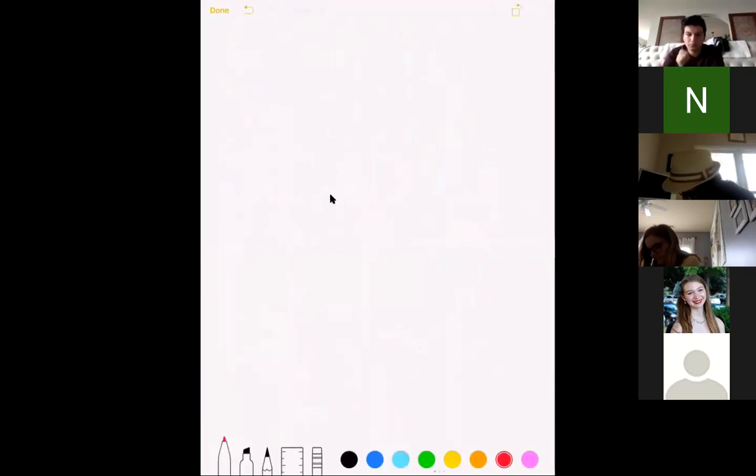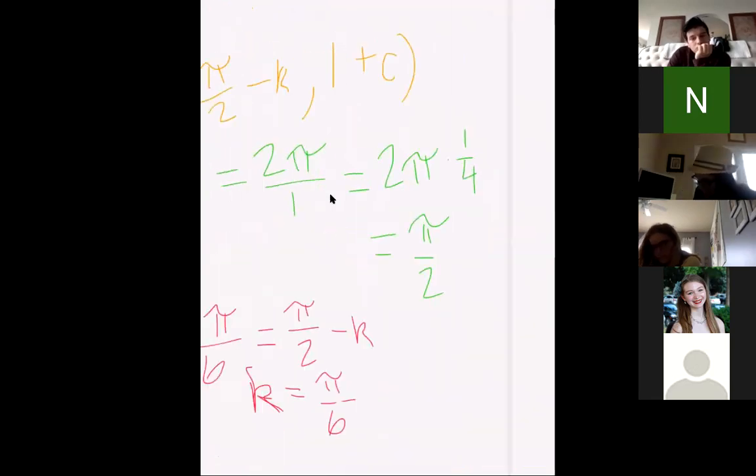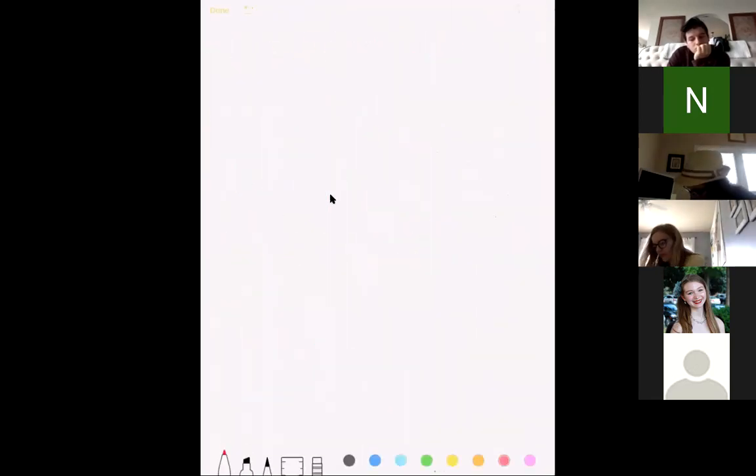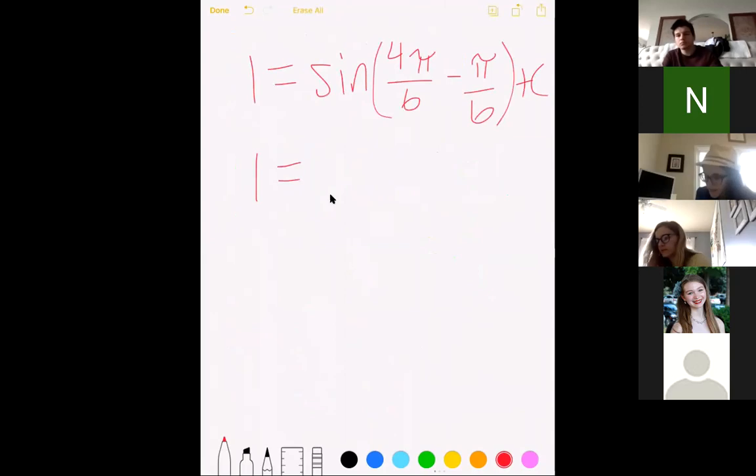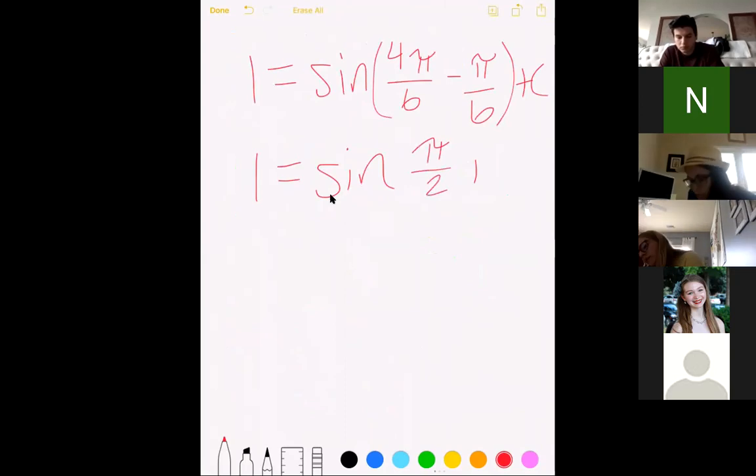If you plug in 4 pi over 6 and our K value, normally we would want it to be 1 equals sine of 4 pi over 6 minus pi over 6 plus C. So we get 1 is equal to the sine of pi over 2 plus C, and the sine of pi over 2 is 1.